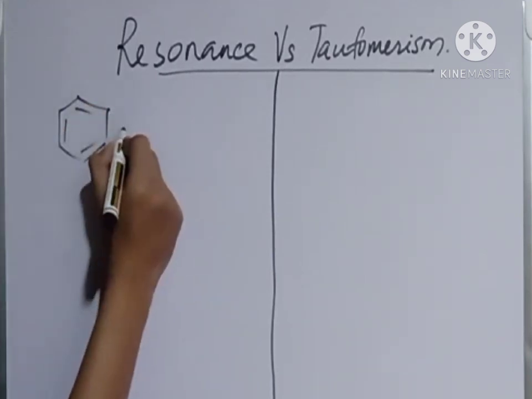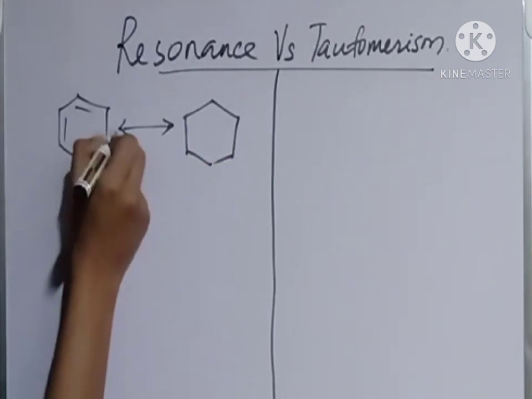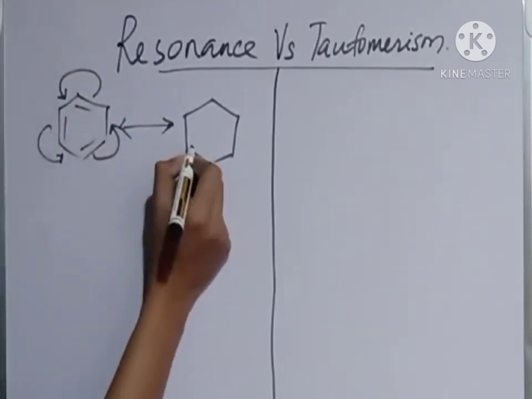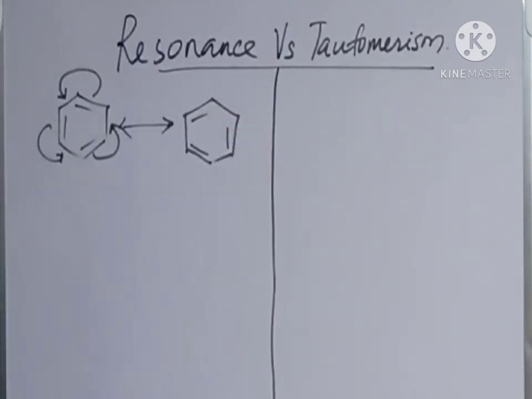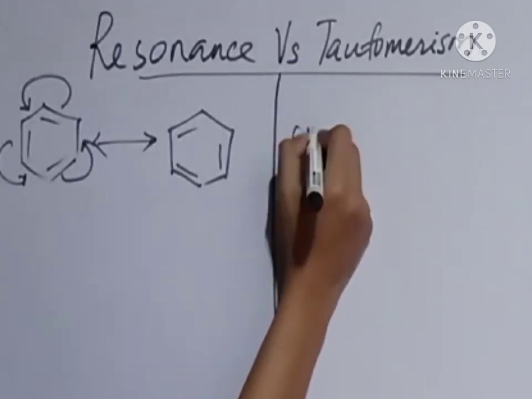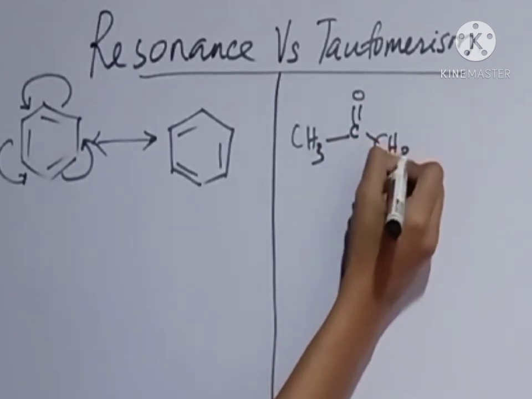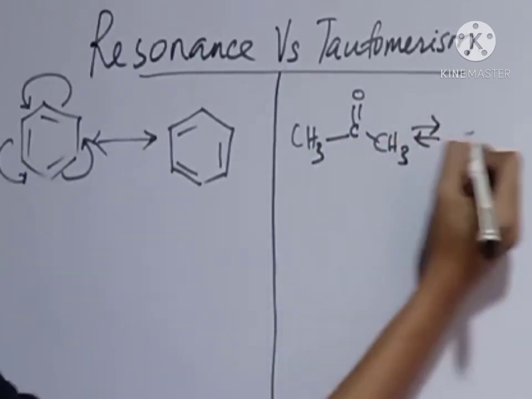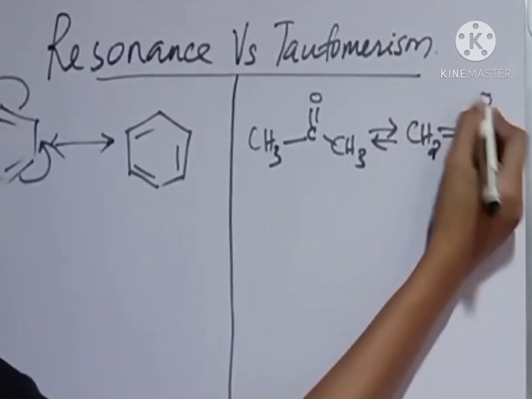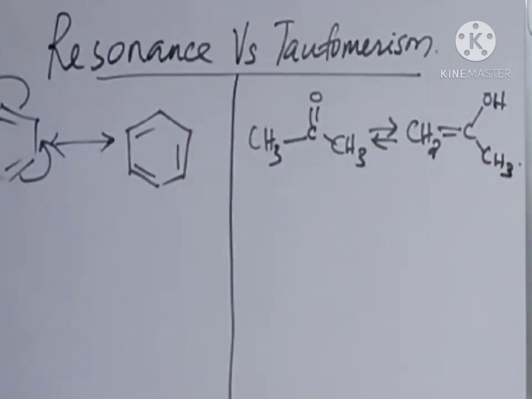If we draw the resonance structures of benzene, simply we can draw them, so the structures will be like this. And if you are representing keto-enol tautomerism, this is C double bond O with CH3, and the tautomer will be CH2 double bond C(OH)CH3.